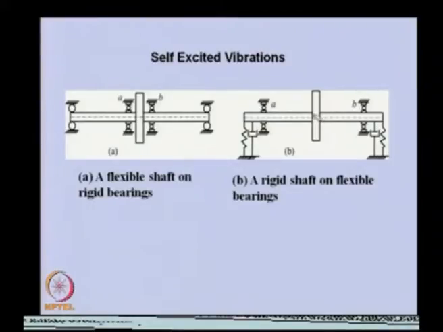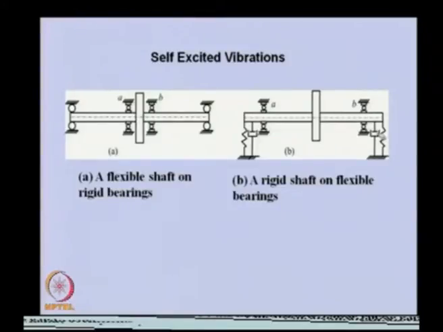Even though there is no unbalance and no external force, the system is getting excited because of self-excited vibration from the parameters of the bearing itself, because it is in the unstable zone.